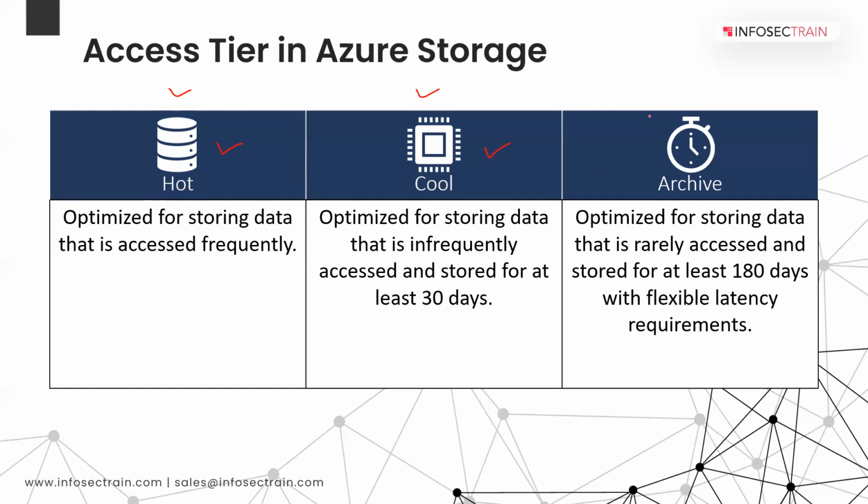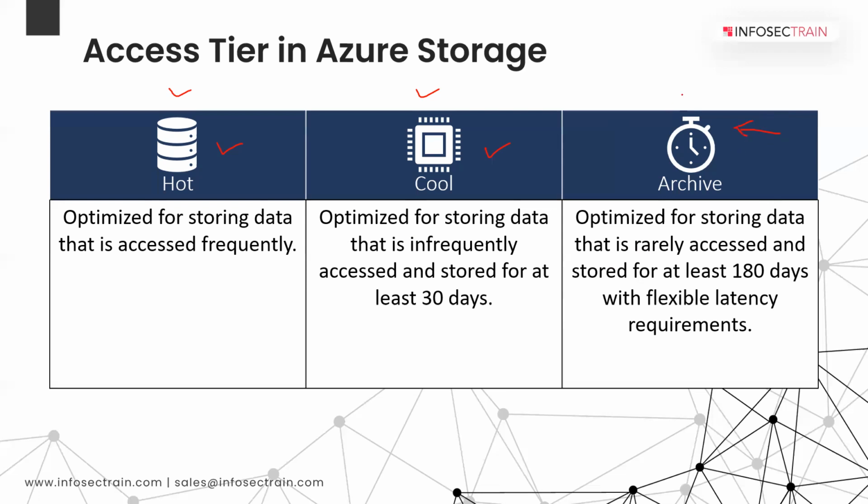Then there is the archive tier, which is optimized for files which you rarely use. Some file is required quarterly, half yearly, or yearly as well. So you are accessing them at least around every 180 days. You can store those files in the archive tier.